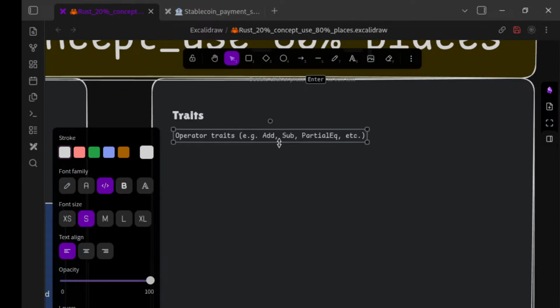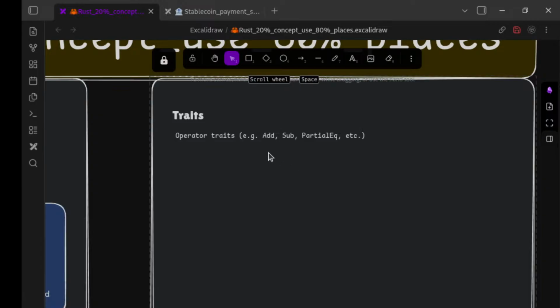They are showing Add and Sub. We already know this is a similar concept to plus and minus: Add means plus and Sub means minus. Yes, it is easy to understand.